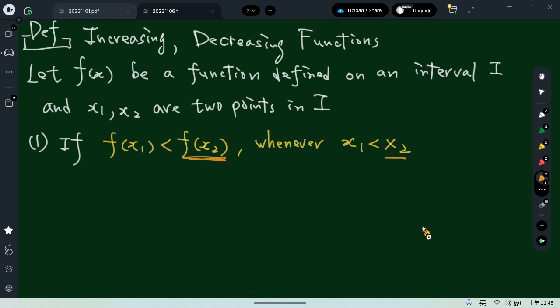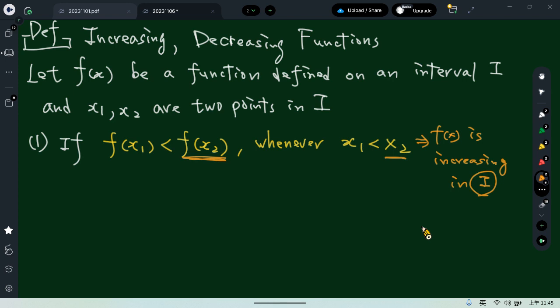In this case, we will say f of x is increasing in I. Remember, I is not its domain. Its domain may have several subintervals. So I just focus on some interval I, not the whole domain.